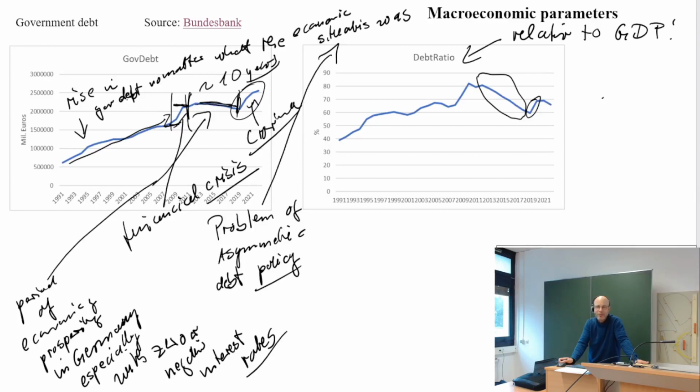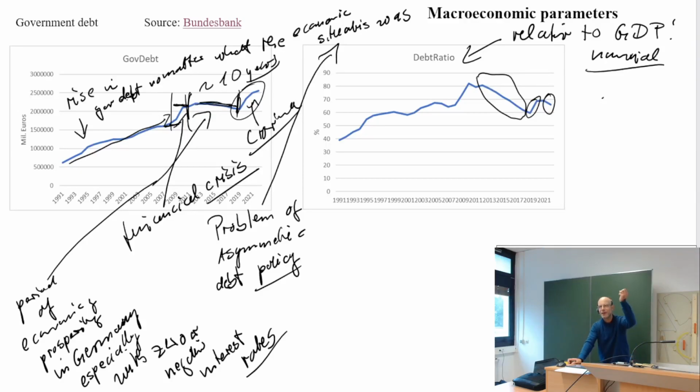Well, and the reason for this, especially in the actual situation, is that although we are increasing government debt drastically, the government debt ratio is falling. The reason is that we calculate the government debt ratio relative to the nominal GDP. Nominal GDP means prices times quantity.